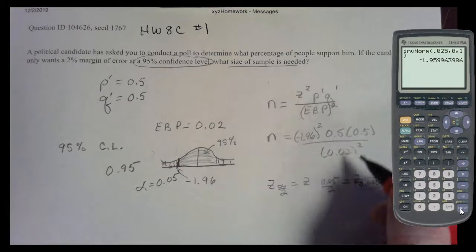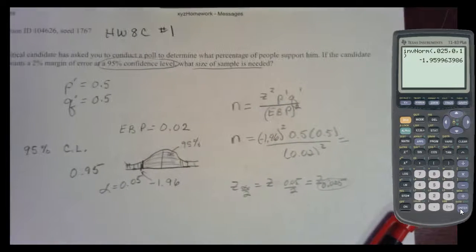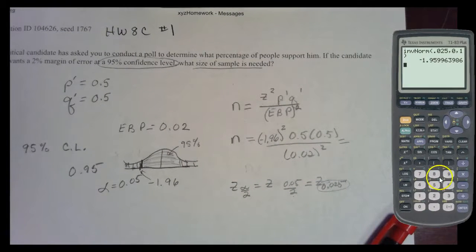Okay, so let's use our calculator to figure this out. Let me slide this over a little bit. Okay, so let's see if we can do this all in one.